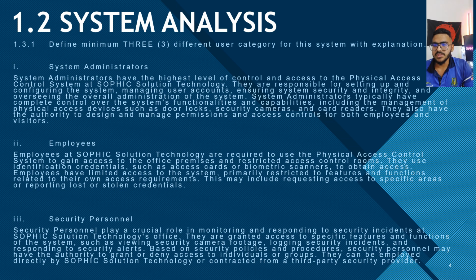Based on the security policy, security personnel may have the authority to grant or deny access to individuals or groups. They can be employed directly by Software Solution Technology or contracted from a third party security provider.